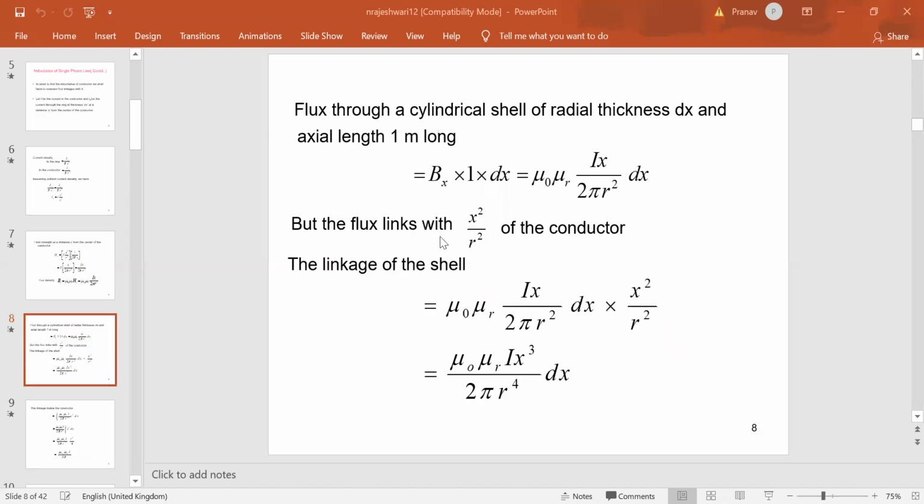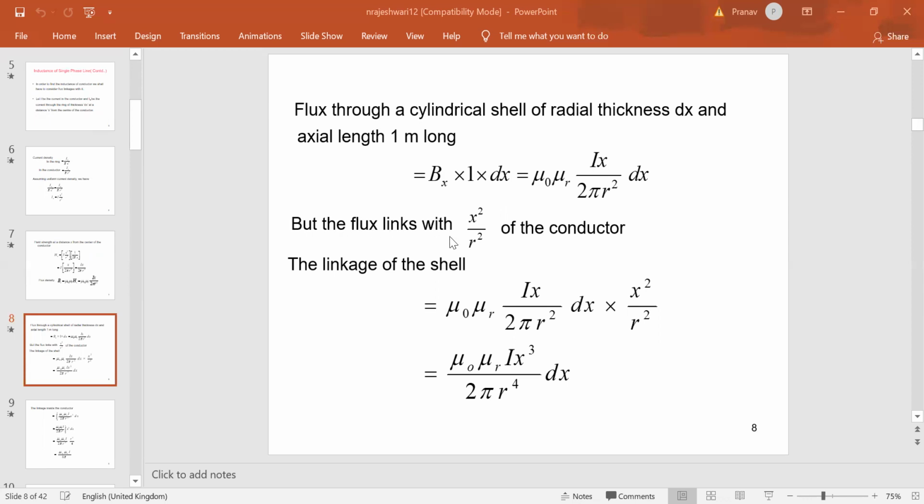By substituting this, the flux through the cylindrical shell of radial thickness dx and axial length 1 meter will be Bx into 1 into dx, where Bx is mu naught into mu r into Ix by 2 pi r squared. So we substitute these values here: mu naught into mu r into Ix by 2 pi r squared into 1 into dx.